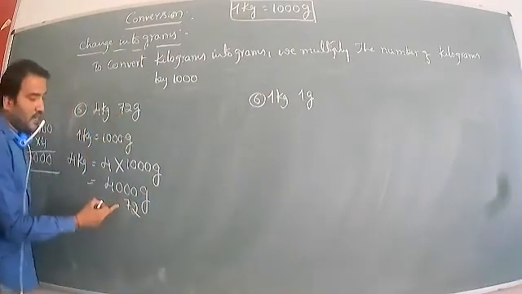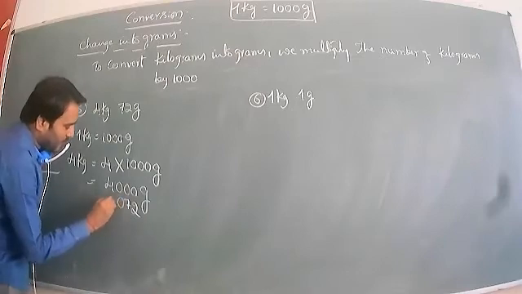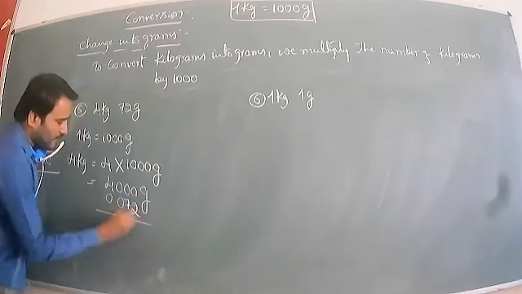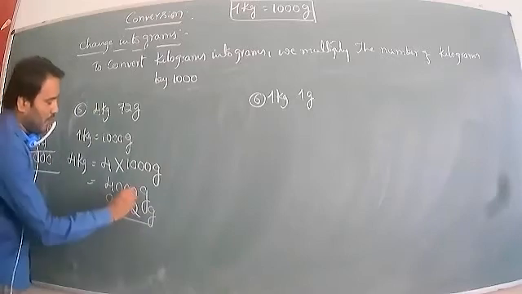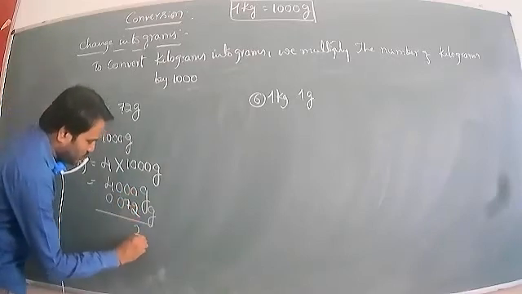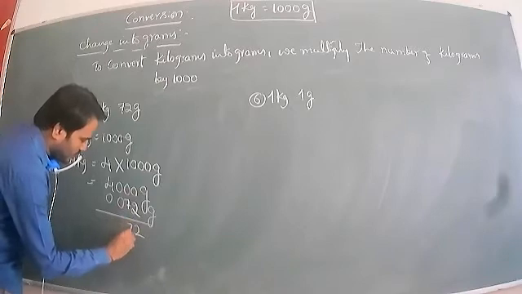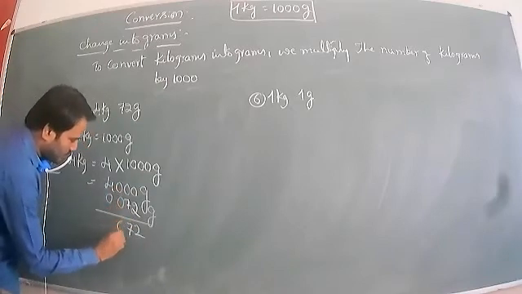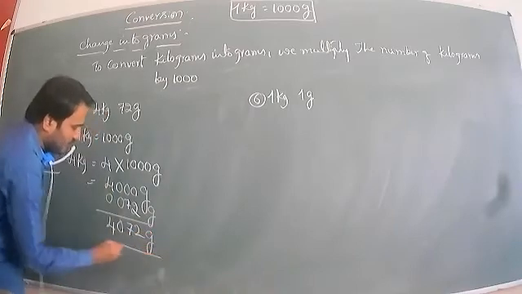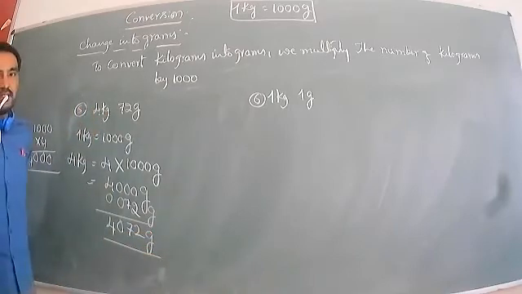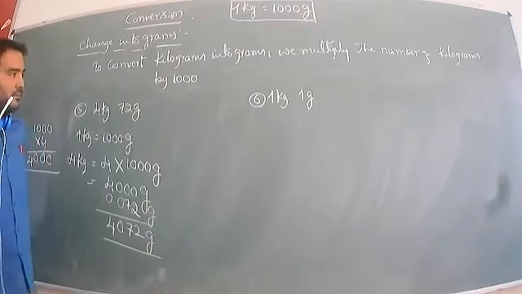For hundreds and thousands we can add 0. Now adding, 0 plus 2, 2. 0 plus 7, 7. 0 plus 0, 0. 4 plus 0, 4. 4072 gram. This is the answer.